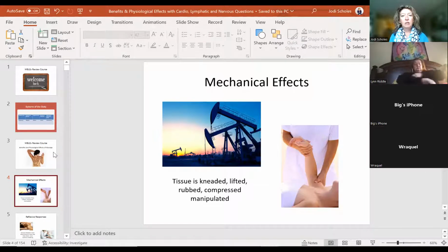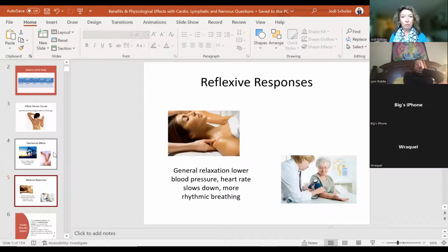Okay, so some students, some graduates have a little bit of confusion around the difference, because a mechanical effect affects the physical body. But let's take a look at something like hyperemia, because the reflexive responses, let me explain and then give you the example.